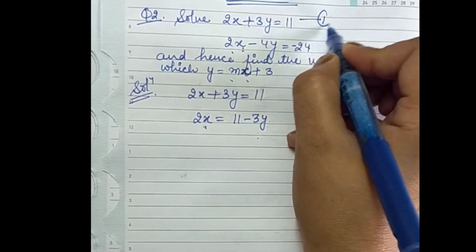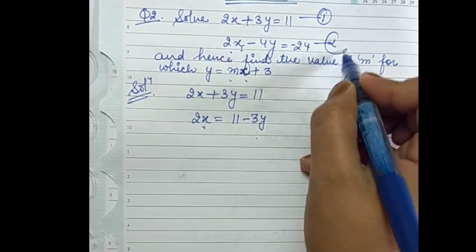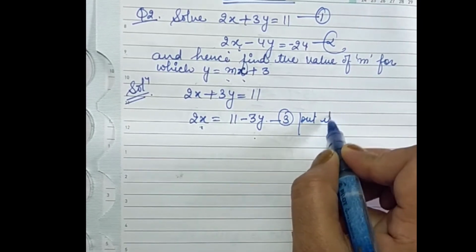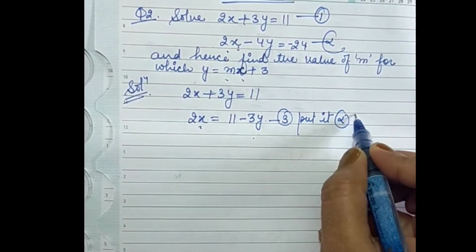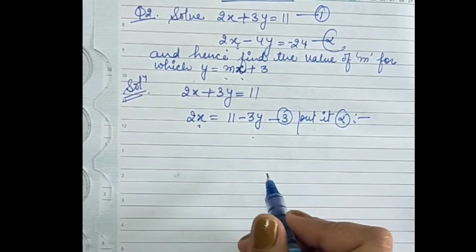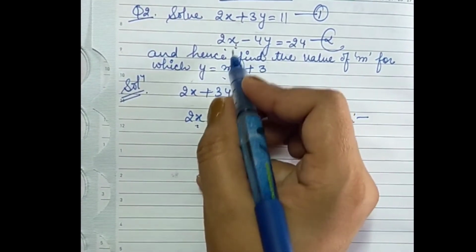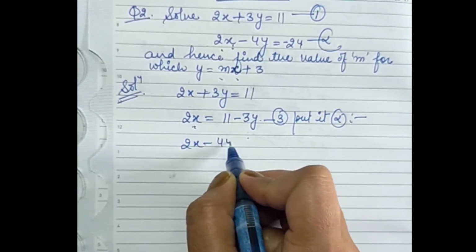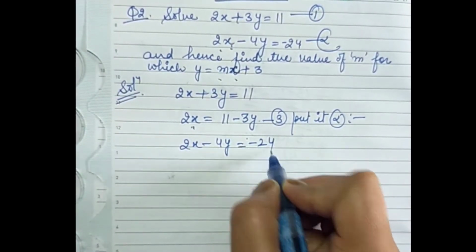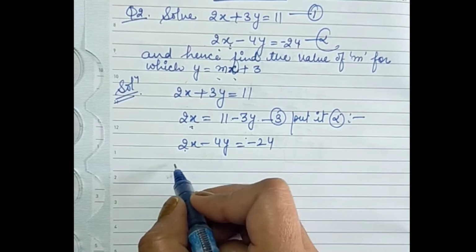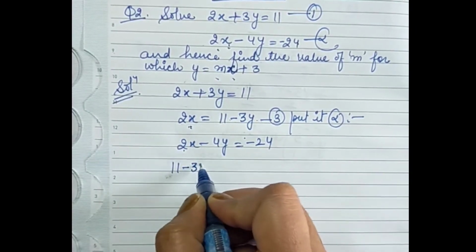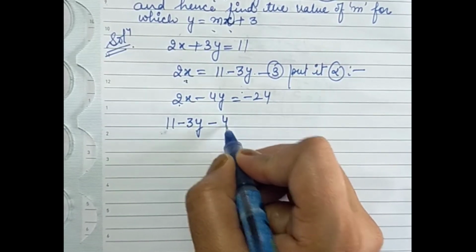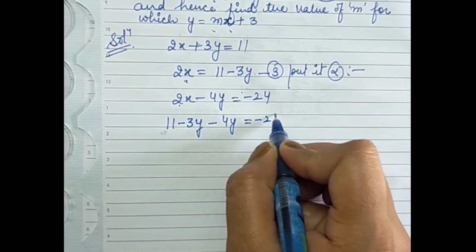So let's substitute it in here. This is your first equation, this is your second equation, and this is 3. Put it in 2. As we have taken it from the first equation, we are going to put it in the second equation. Now 2x - 4y = -24, and instead of 2x I am going to substitute 11 - 3y, so 11 - 3y - 4y = -24.